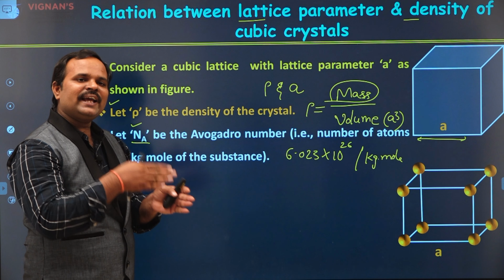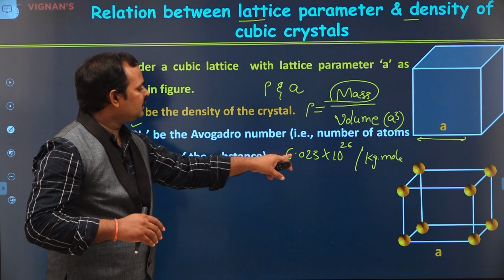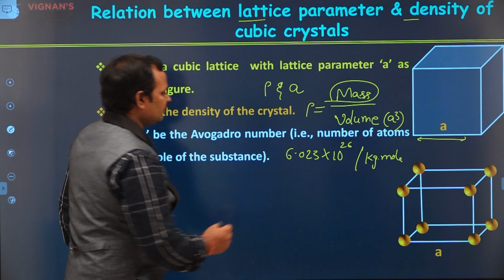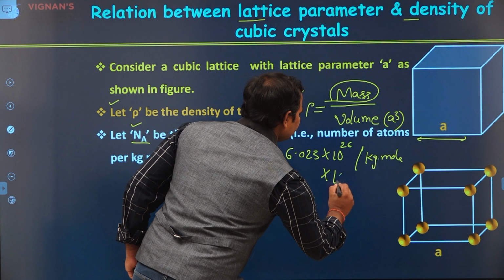That means in a kg mole of substance, we will have about 10 power 26 atoms. If it is a gram mole, we will have 10 power 23 atoms.